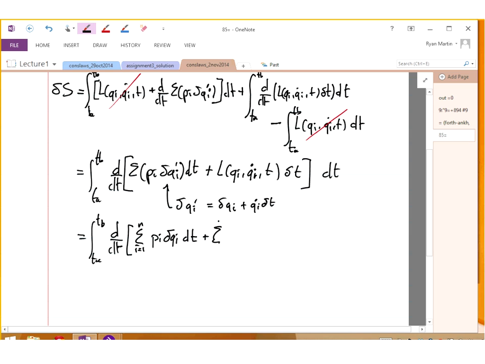The second term is the sum from i equals 1 to n of pi qi dot delta t, and then the last term is the Lagrangian L at qi dot t delta t, the whole thing dt.